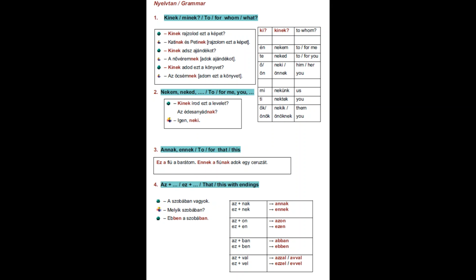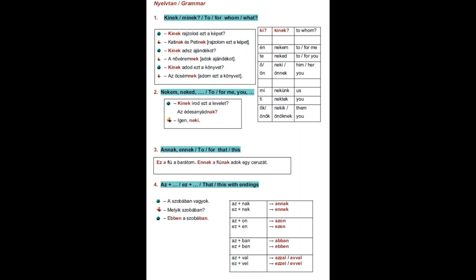Az öcsémnek adom ezt a könyvet. Az öcsémnek. What does that mean? What is öcsém? It's the same concept as nővér. But öcsém is younger brother. It's my younger brother, right? Because it has the öcsém.